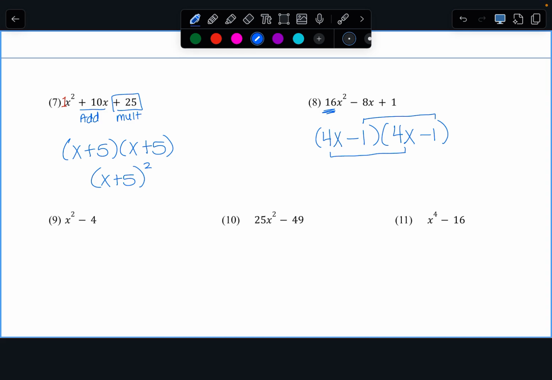Negative 1 times negative 1 is a positive 1. Negative 1 times 4x is a negative 4x. 4x times negative 1 is also a negative 4x, and that's how we get negative 8x. Again, that's just a special pattern.